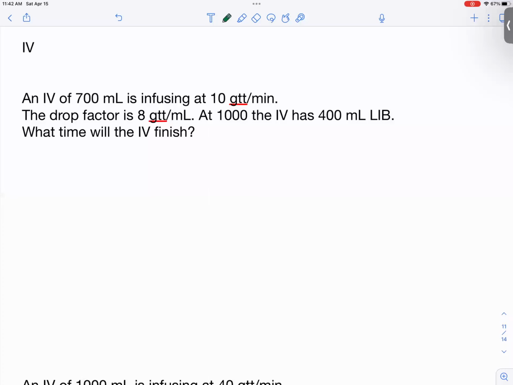All right. So when you see these kinds of questions, you've got to really break it down and look at what they're asking. They're saying that an IV of 700 milliliters is already infusing at 10 drops a minute. The drop factor is 8, which means it's getting 8 drops per milliliter. At 10 a.m., you, the nurse, walk into the room and that IV only has 400 milliliters left in the bag.